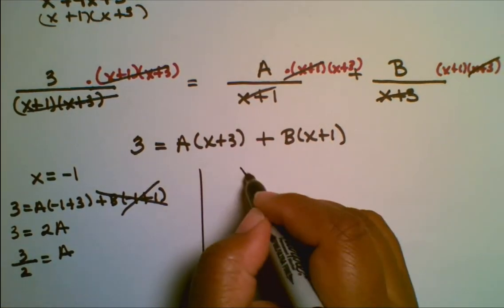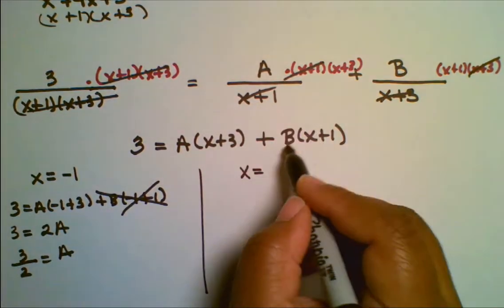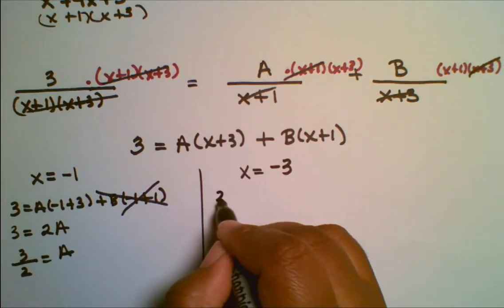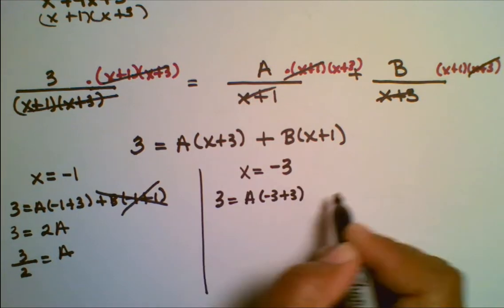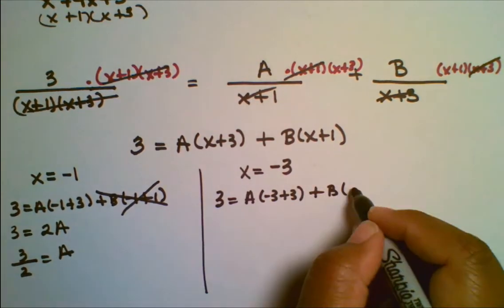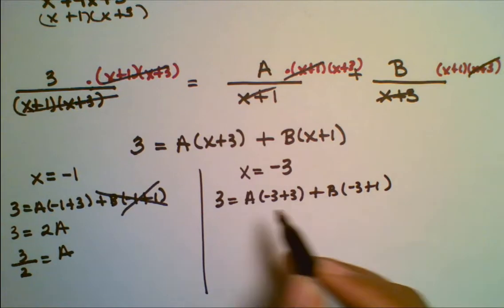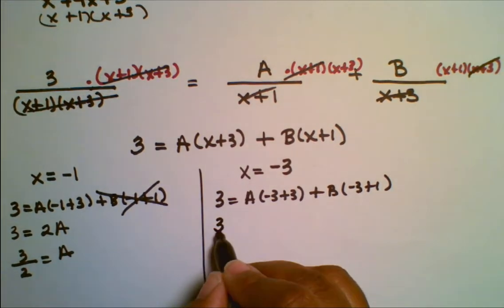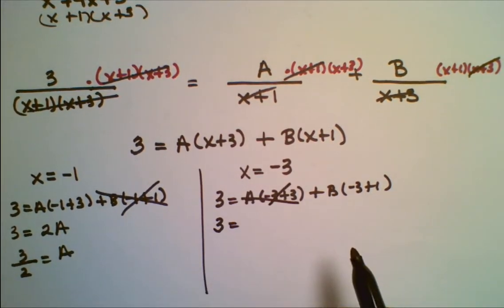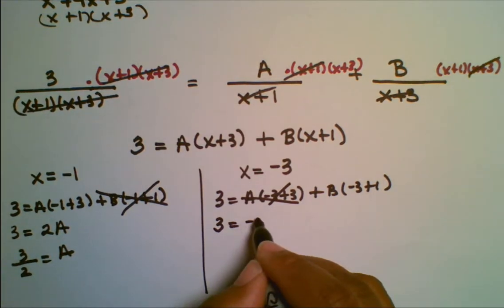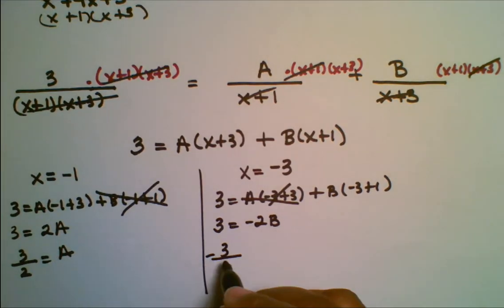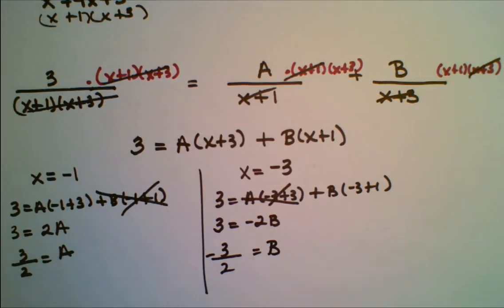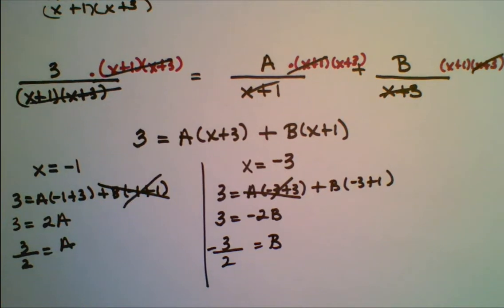All right, second equation, x is equal to, what was that, -3. We have 3 is equal to A times -3 plus 3 plus B times -3 plus 1. The A's cancel out, and we have 3 is equal to -2B. Dividing by -2, we have B is equal to -3/2 for B.